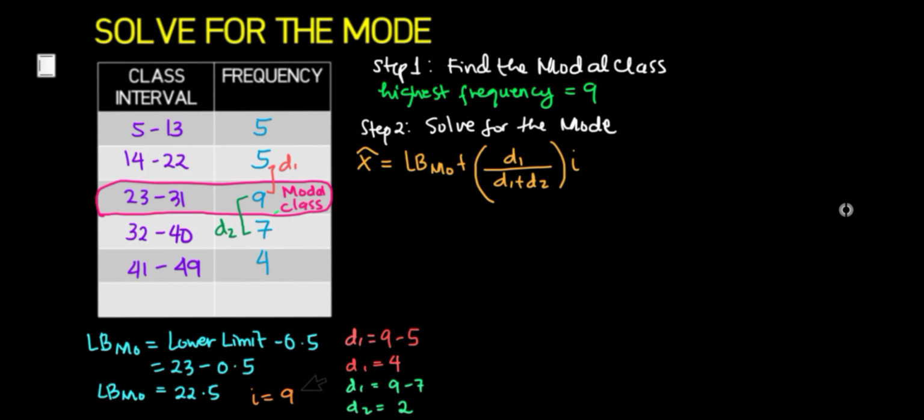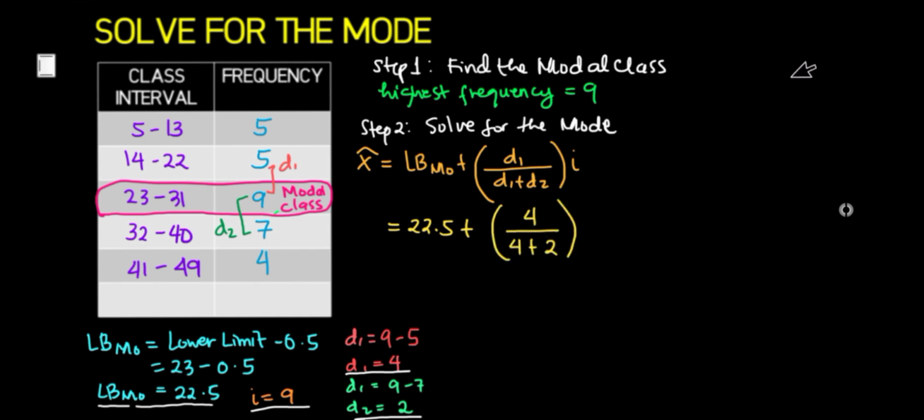And then, yung I, or yung class size, or class width na 9. So, kanina nasolve na natin yan. Hindi na natin isolve ulit. So, we're done with the lower boundary. So, lower boundary ng modal class is 22.5 plus yung D1, which is 4 over D1 plus D2, 2.